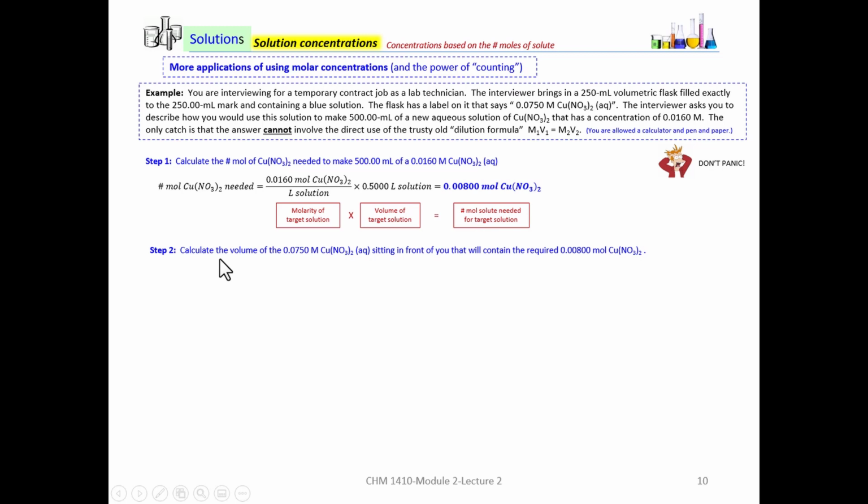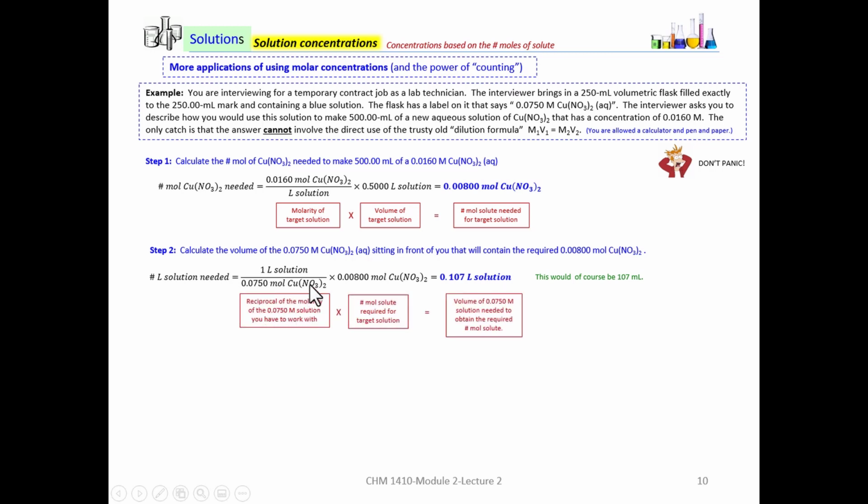Next, you could calculate the volume of the solution that he gave you, the 0.075 molar, that's sitting right in front of you, that will contain this many moles of copper nitrate. You could do that by rearranging the molarity equation in a different way. The number of liters of solution needed would be the reciprocal of the molarity of the 0.0750 molar solution you have to work with times the number of moles of solute required for the target solution.